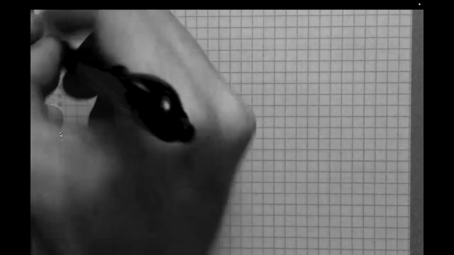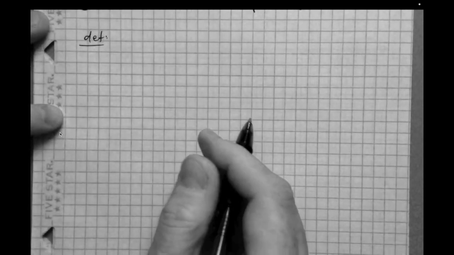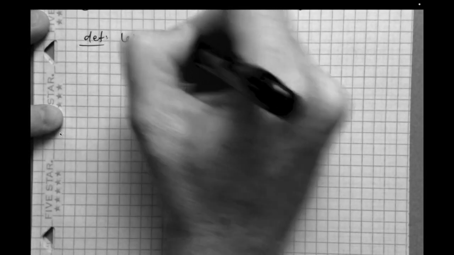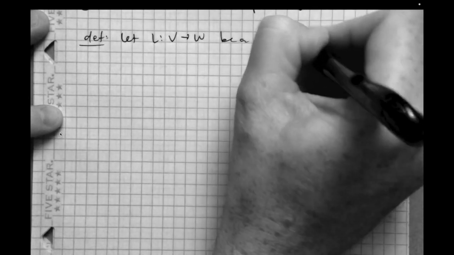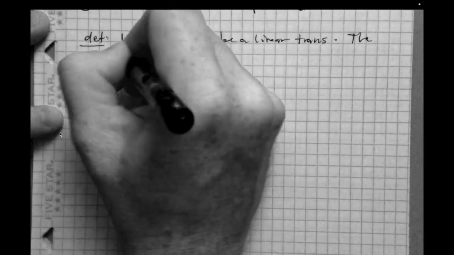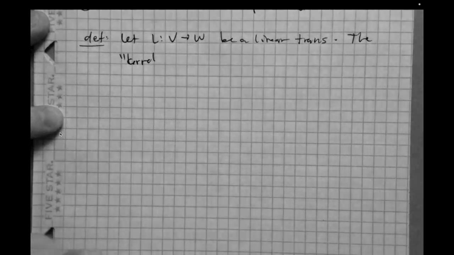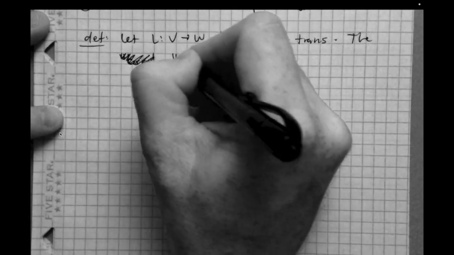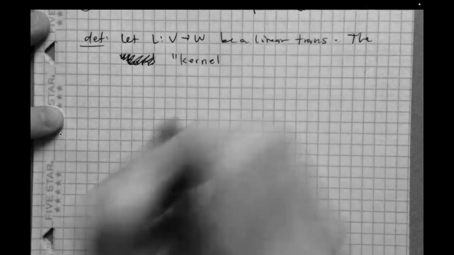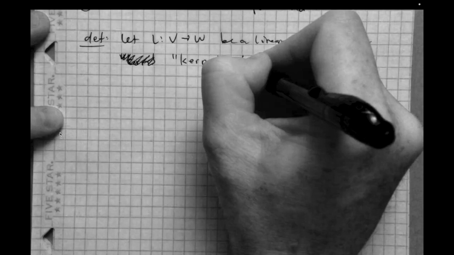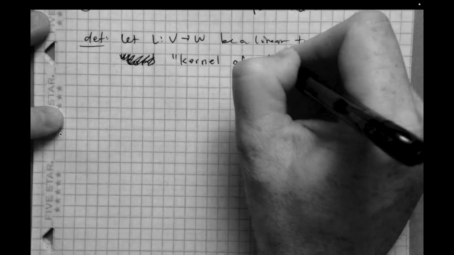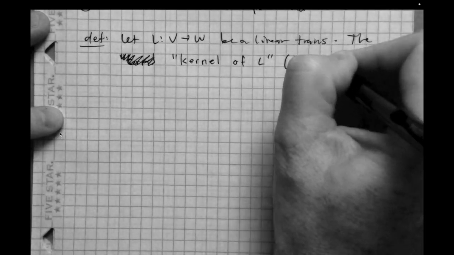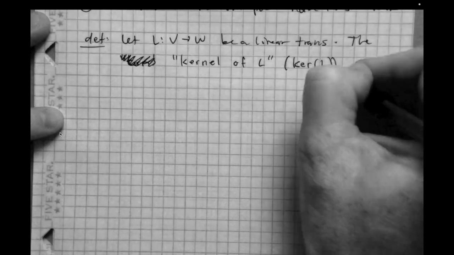Definition: we're going to let L be a linear transformation from V to W. The kernel, and we usually say the kernel of the transformation itself, the kernel of L, is denoted by ker and then the name of the transformation.